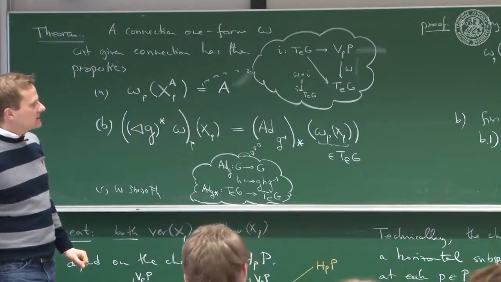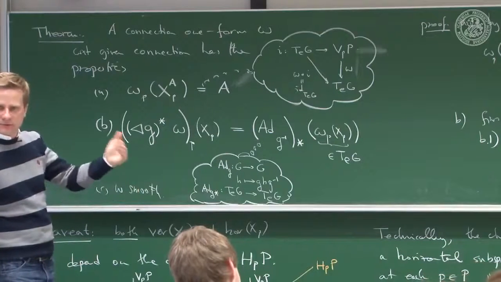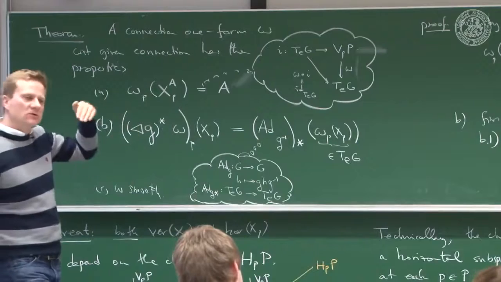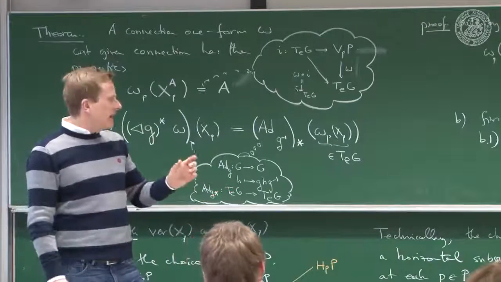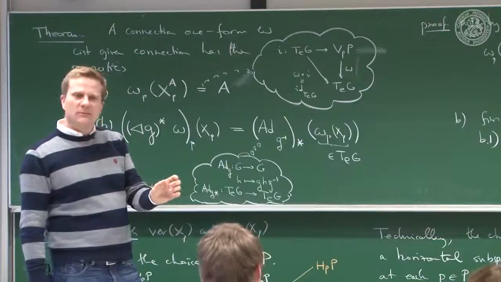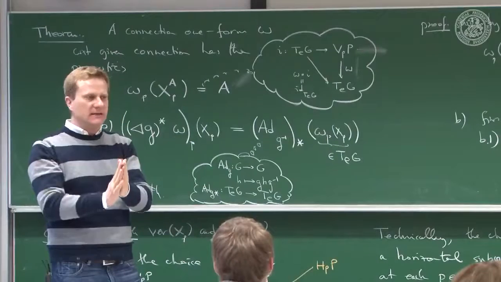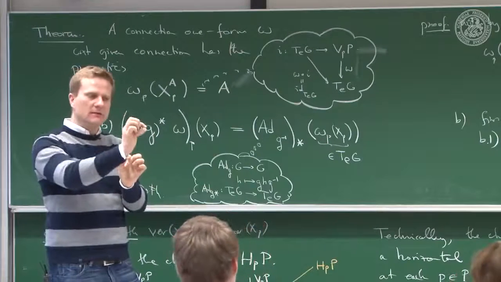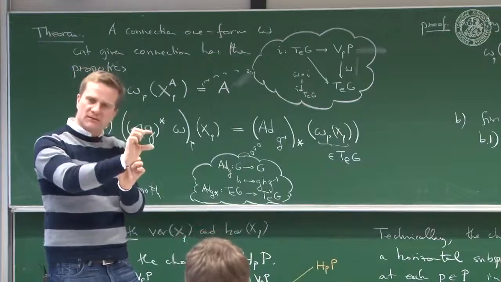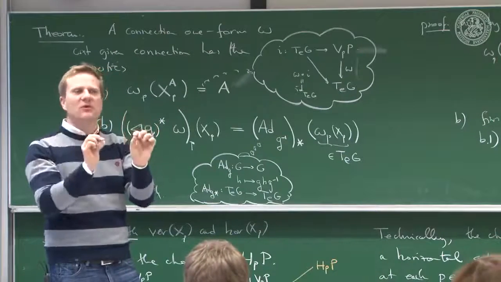And then next time we will see how this actually gives rise to parallel transport on the principal bundle, but then also to parallel transport on any associated fiber bundle. And once you understand parallel transport and you go to a vector bundle, then in the fiber you have additionally linear structure. You can actually transport a point and then take the difference to another point, and then you can write down a differential quotient.